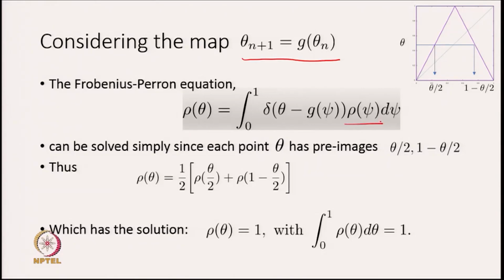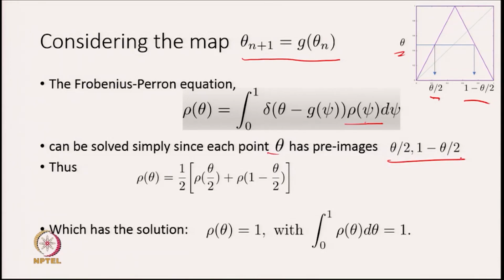You start with the density rho of psi d psi, and then you map the point psi to theta via g of psi, which is theta, and that gives you this function. And you notice that any point theta has contributions from only 2 points in the pre-image. So only 2 points from this equation map to a given theta: theta by 2 and 1 minus theta by 2.